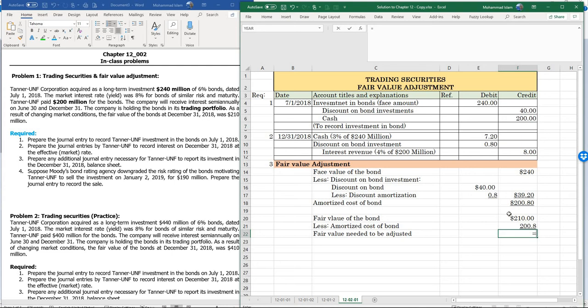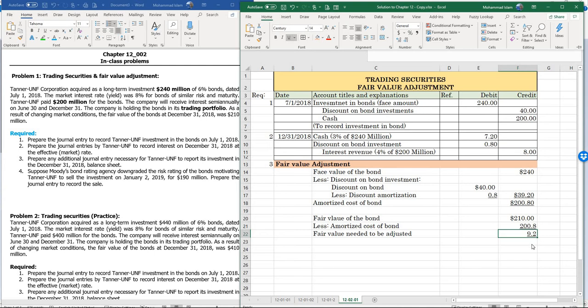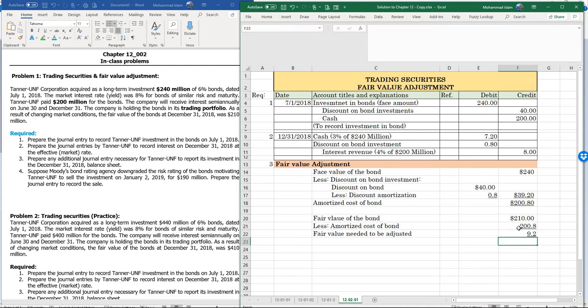So this is 210 minus 200.8, which is 9.2. Our amortized cost is 200.8 million and the fair value is 210, so the fair value is more. It means that we have a gain.